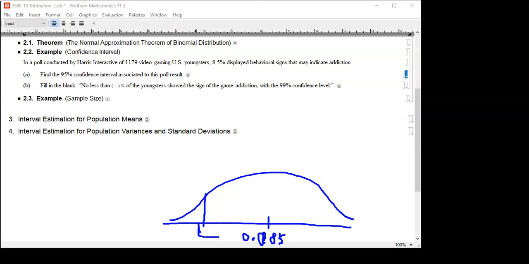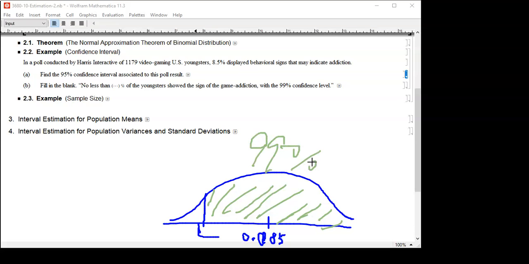And there is 99% chance that I'm right. That leaves me 1% that I'm wrong. I said no less than, but indeed it's less than. So it's this picture we are looking at.